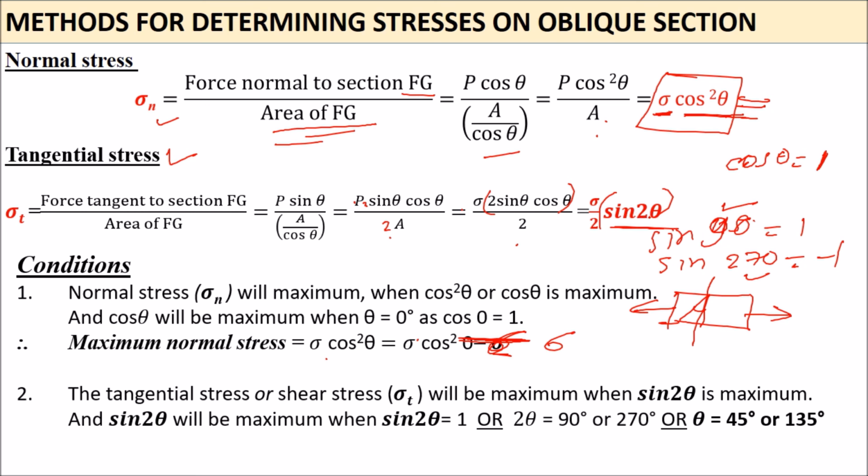But here this is 2 theta, so 2 theta will be either 90 or 270, then tangential stress will be maximum, so theta equal to 45 or 135. These are two conditions when shear stress will be maximum.